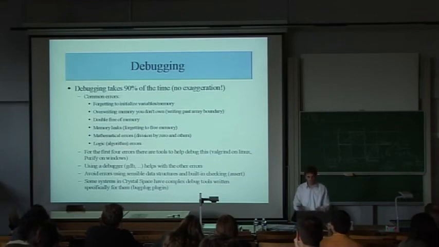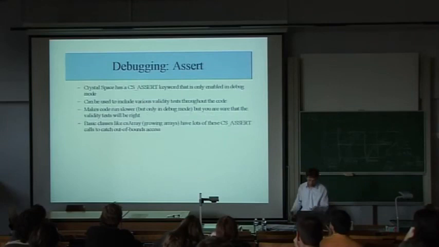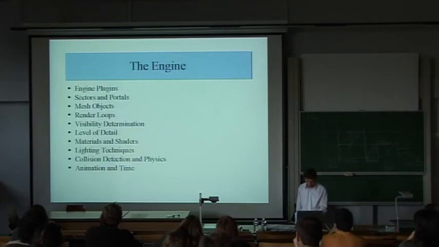Why isn't it rendered, for example? That kind of thing. That's BugPlug. It's a plugin that you can load transparently into any Crystal Space application without having to change the code. We also use a lot of asserts in the code; these are only compiled in debug mode, so you get a lot more checking then.